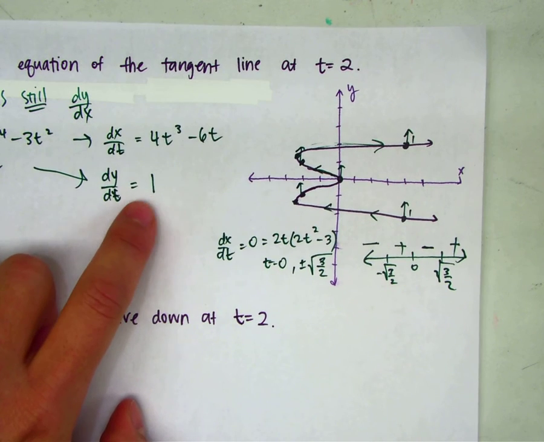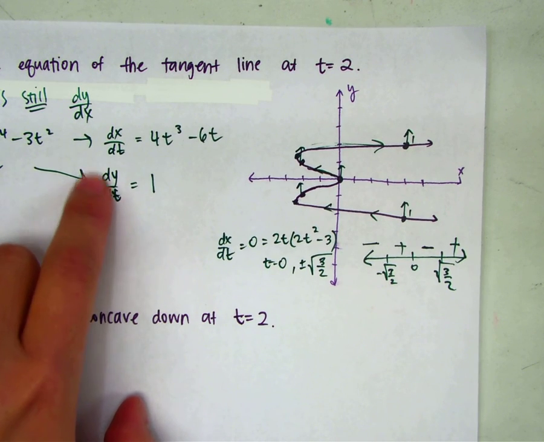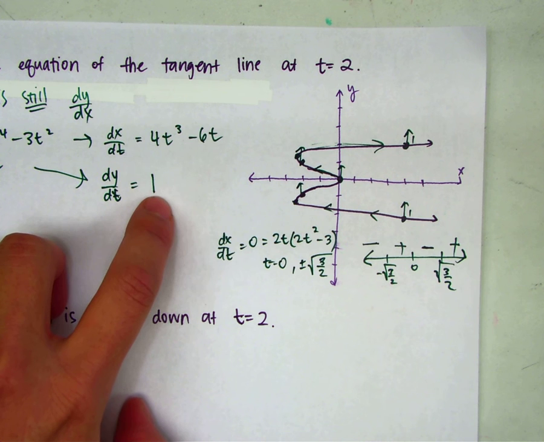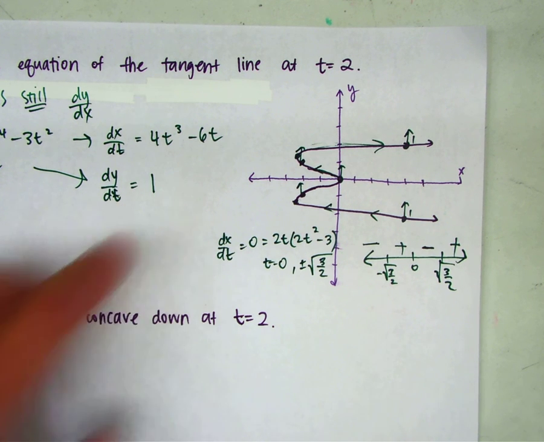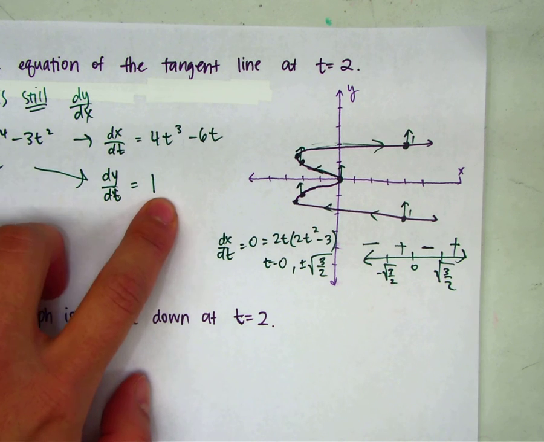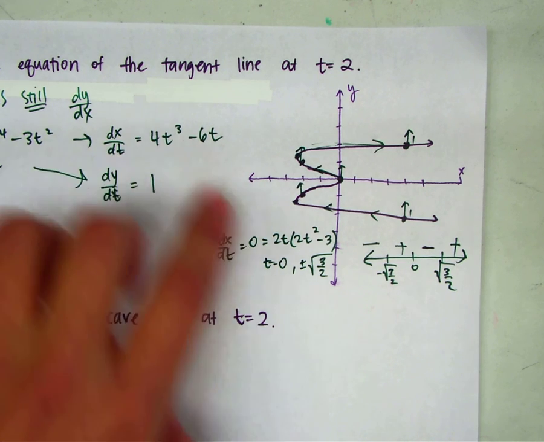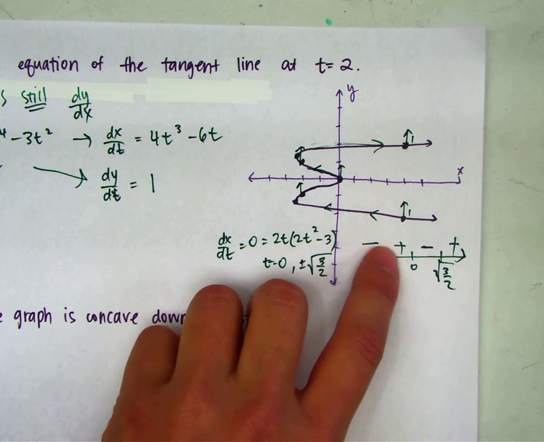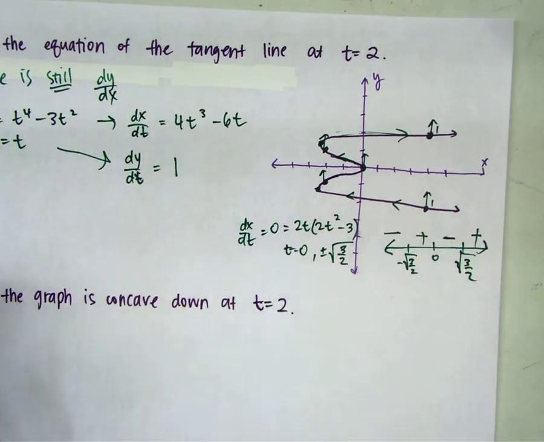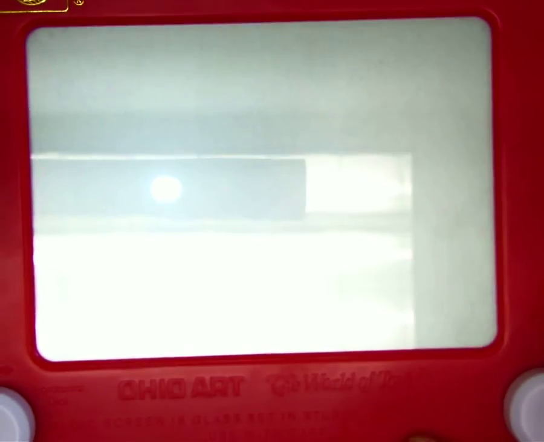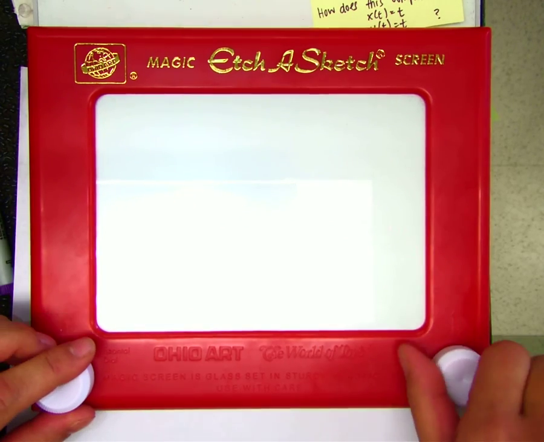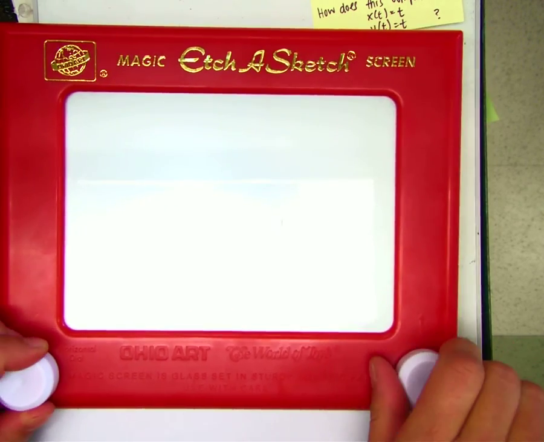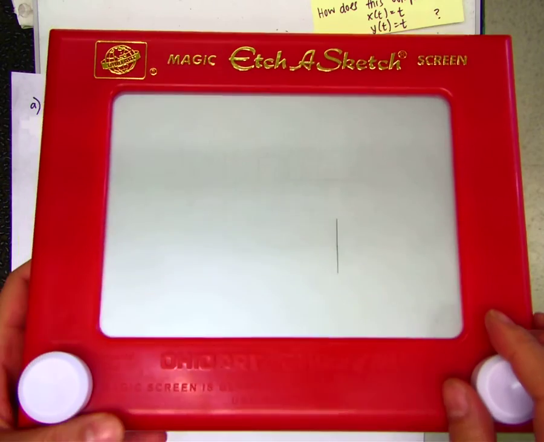This means my y is changing with the speed of positive 1, or is it changing at a rate of 1? X switches from negative to positive to negative to positive. So if you have yourself your Etch-a-Sketch, oh no, you can't see it. Here we go.